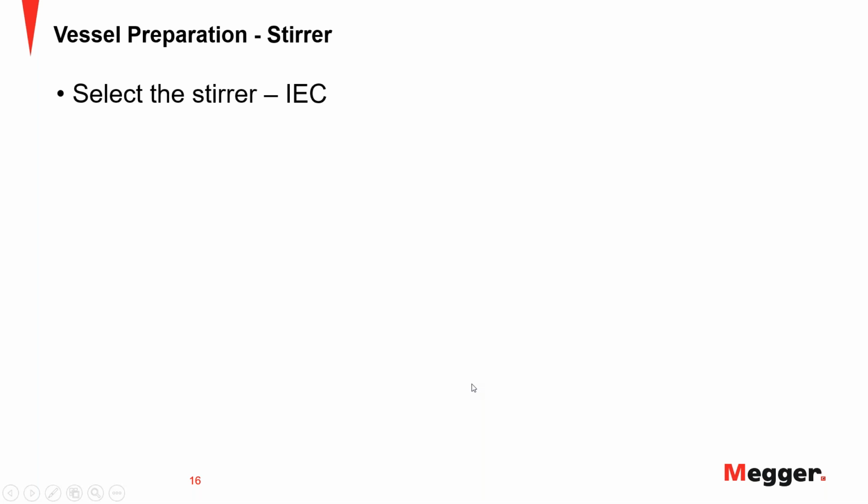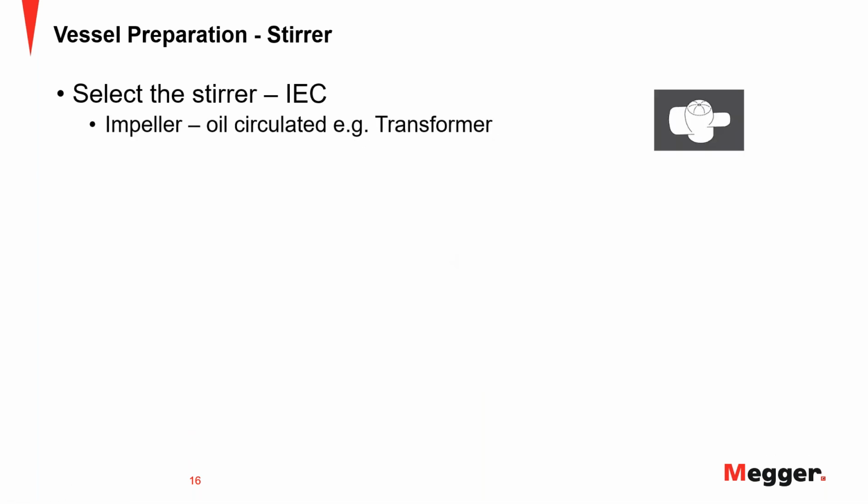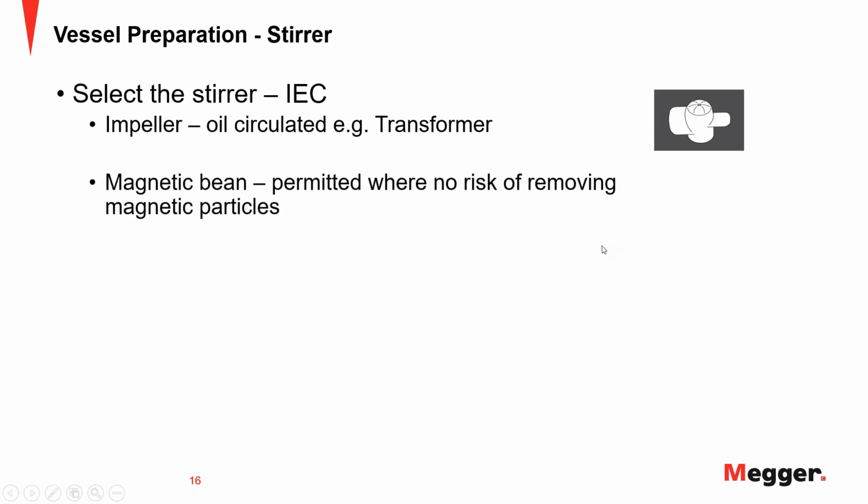So now if we look at the different stirrers, for IEC recommends an impeller. Typically, an impeller would be used for transformer oil because this oil is typically circulated in the asset, and that's the impeller there you can see. It also allows the use of a magnetic beam.